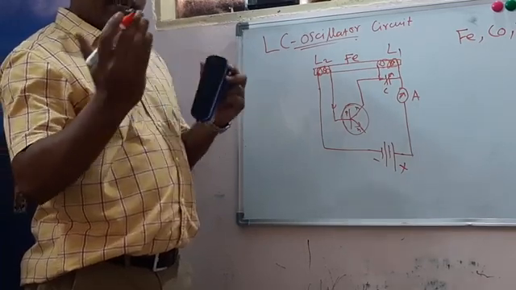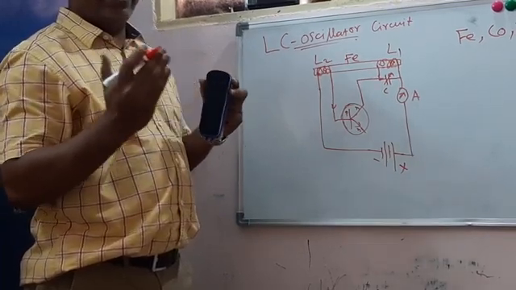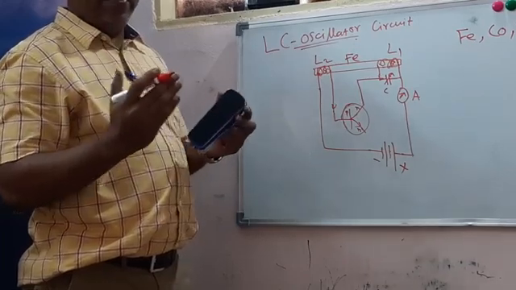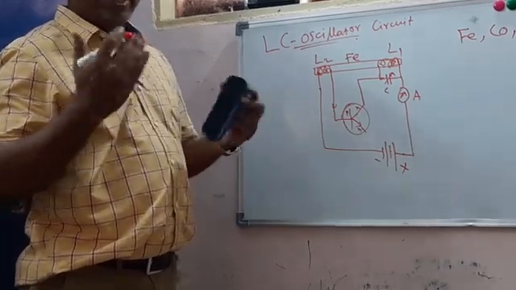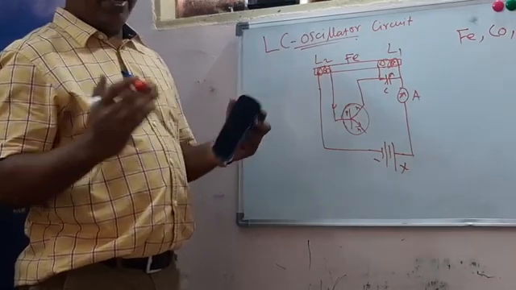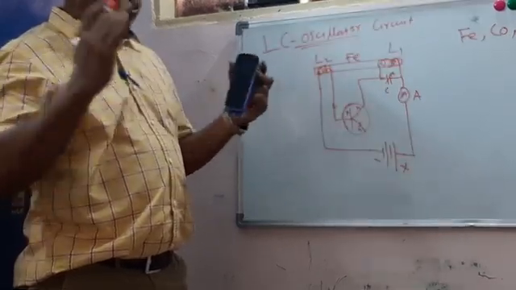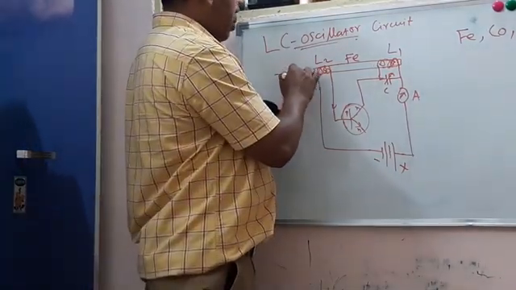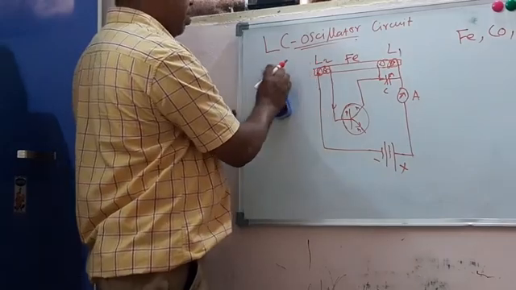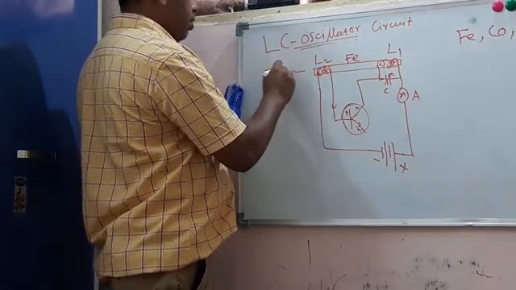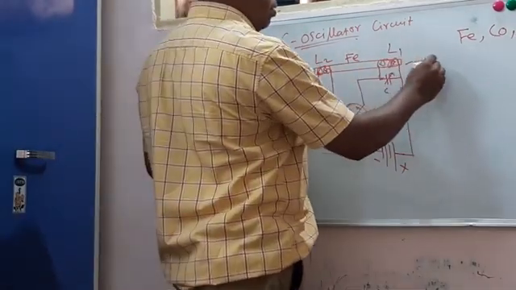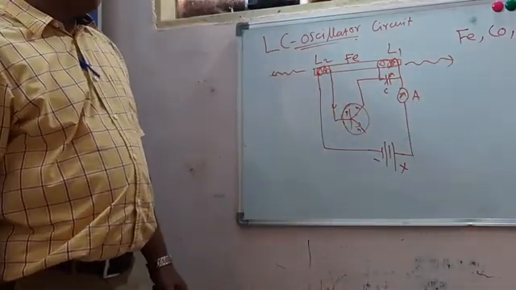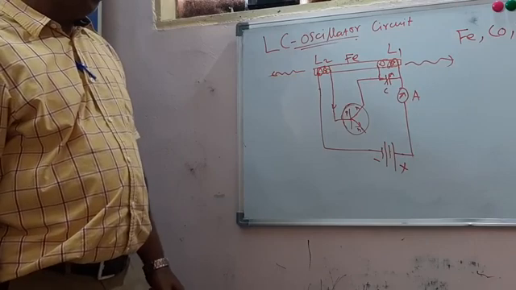So always stretching and compression of materials generates, it may be an air medium, a liquid medium, or a solid medium, ultrasonic waves. It will generate ultrasonic waves at the two ends of the ferromagnetic material.